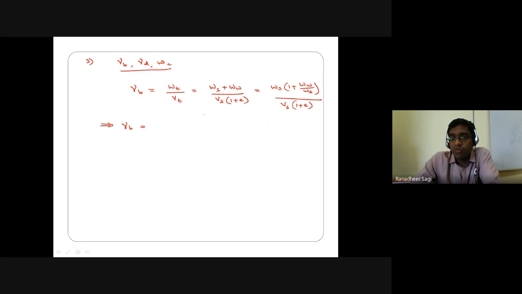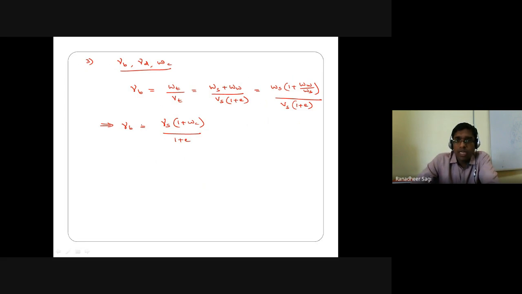Weight of soil solids by volume of soil solids is nothing but the unit weight of soil solids, into 1 plus, what is weight of water by weight of soil solids? It's nothing but your water content, total divided by 1 plus e. But what I wanted to derive is a relationship between gamma B, gamma D and Wc, the water content. But what I have in gamma B is a void ratio term, water content, and gamma S. So I'll try to rewrite it according to our necessity.